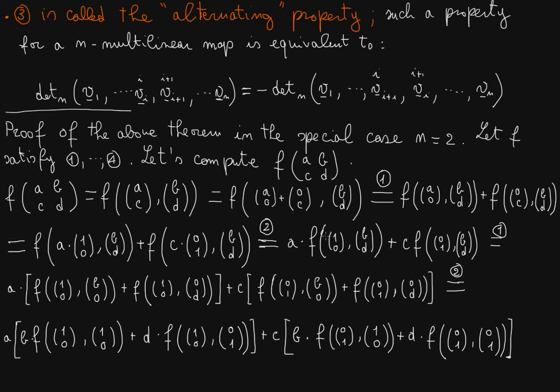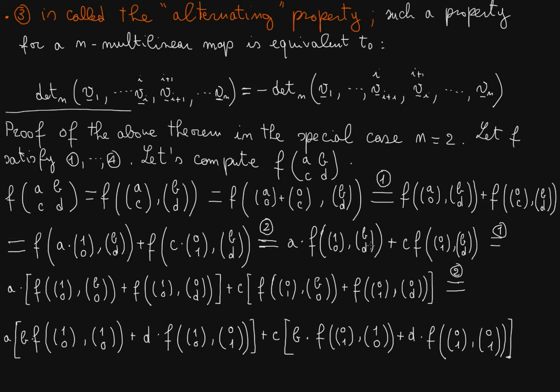Now, instead of having just one f, we have two f's, so two summands, and we apply the same procedure to each of the summands. Remember that the first step involved writing the column vectors as a sum of two vectors. So we do the same here. BD will be written as B0 plus 0D in both cases.